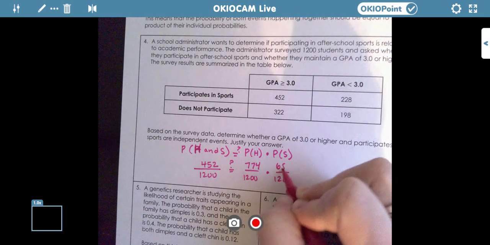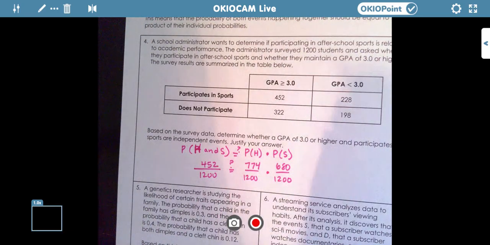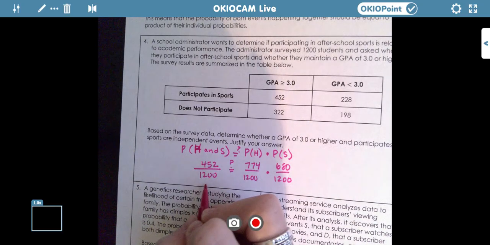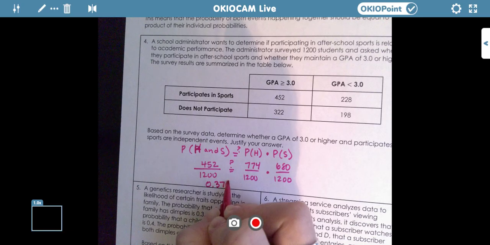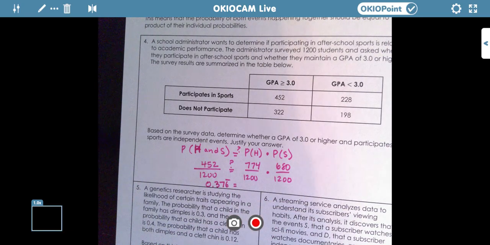So that's this. So now I need to multiply these and change them into decimals so I know what I've got going on here. So this one as a decimal is 0.376 repeated. And then I am going to multiply this real quick. 680 over 1,200.